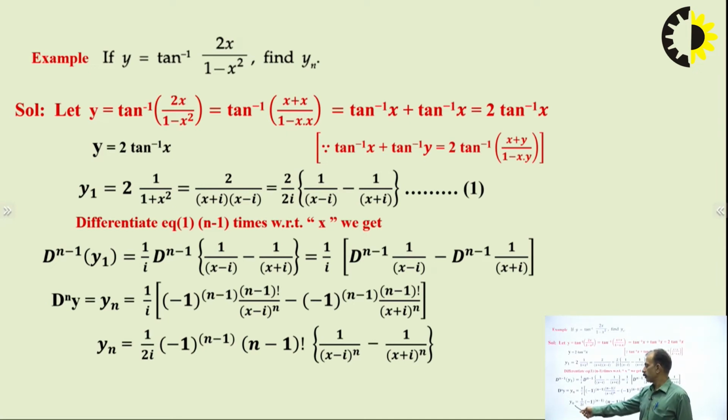After simplifying, the nth derivative yn equals 1 upon 2i into minus 1 raised to the power n minus 1 factorial into 1 upon (x minus i) whole raised to the power n minus 1 upon (x plus i) whole raised to the power n.